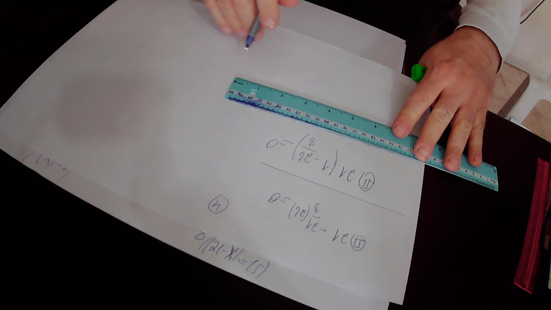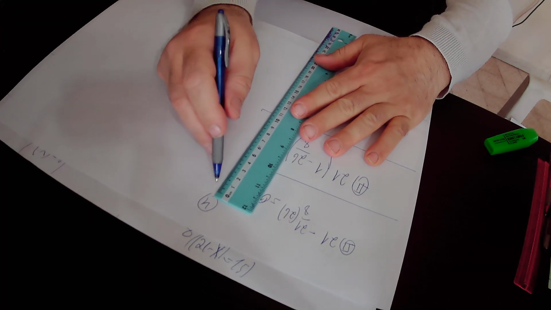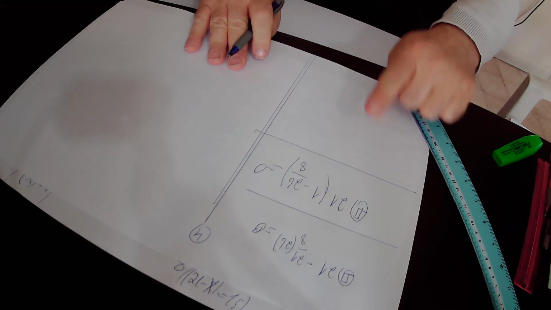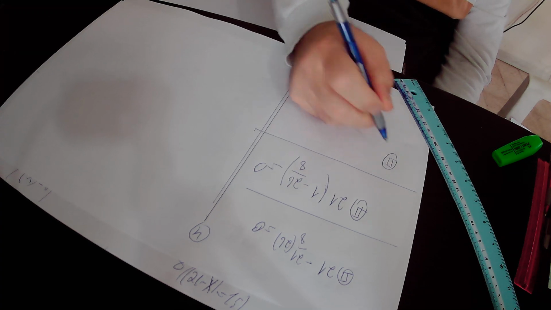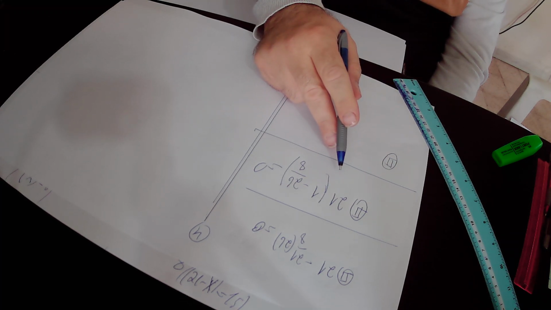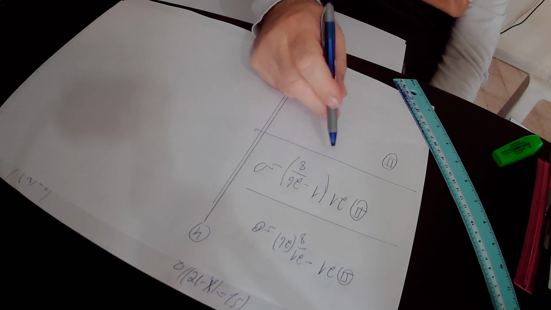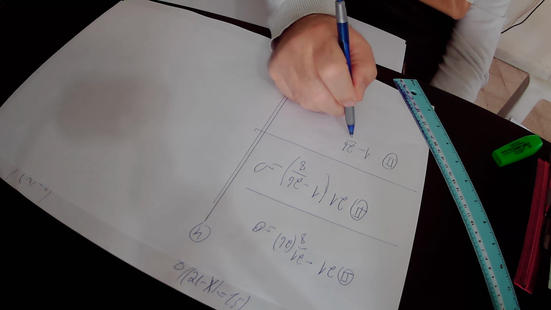So here we divide this equation 2 by 21. So here we have 21 over 21 is 1, so we are left with only 1 minus 2b over 8.